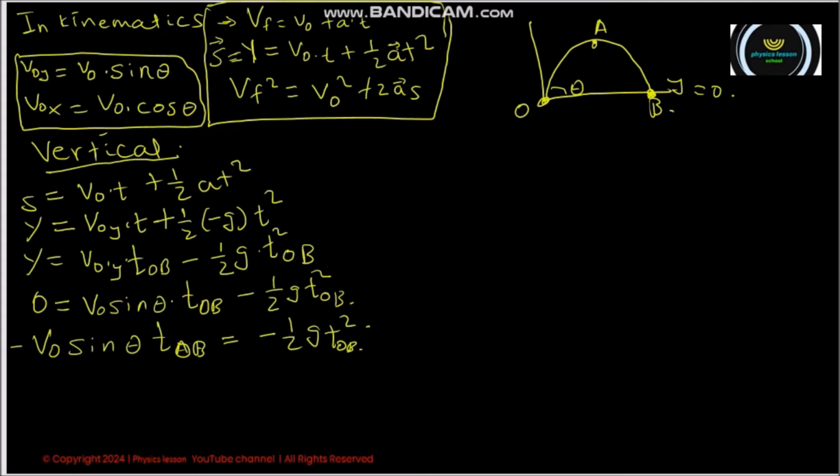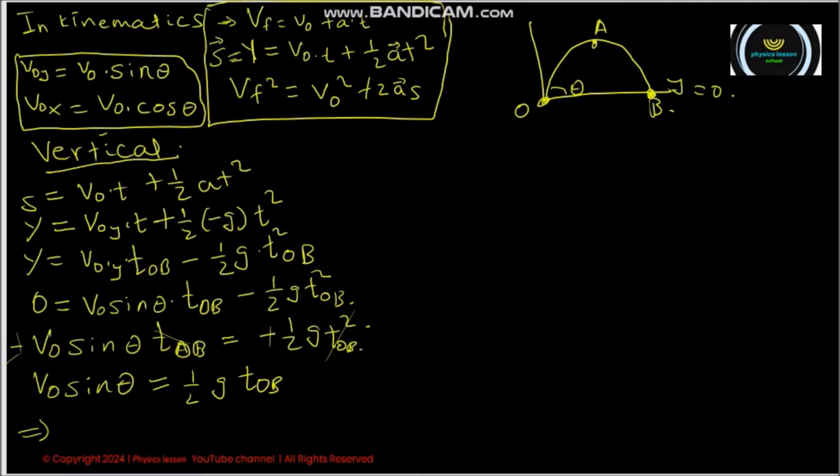So negative by negative is positive. And t OB cancels one t OB, leaving v naught sine theta is equal to 1 over 2 g t OB.